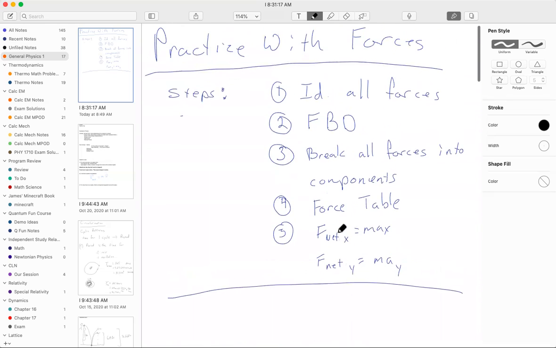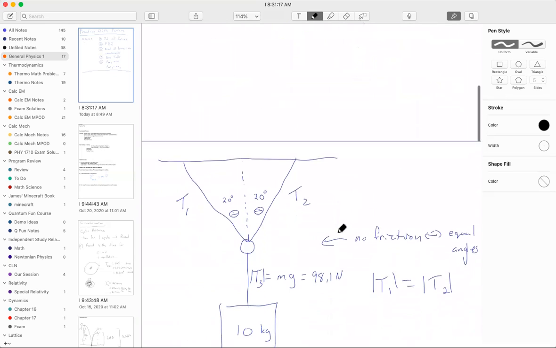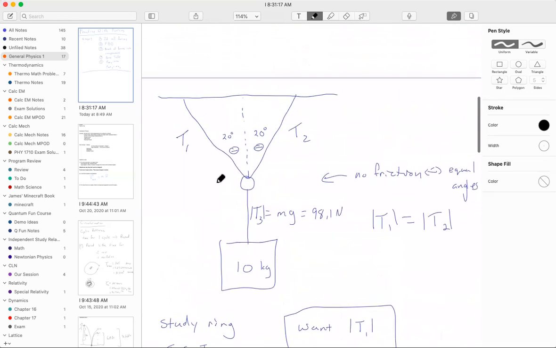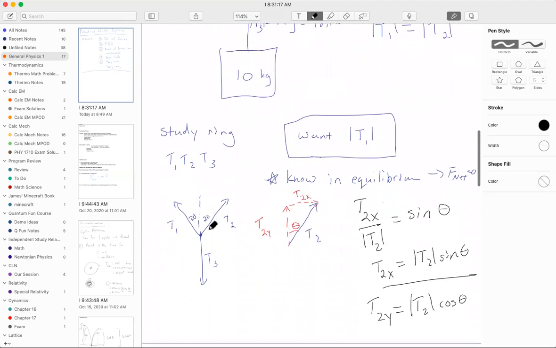What are some key strategies or tricks? I labeled my diagram of what happened, and then I drew my free body diagram, and I didn't know all of the quantities. In particular, I didn't know what to write down for T2. That's okay. I just wrote in the magnitude of T2, just symbolically.